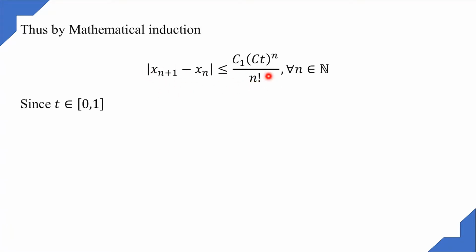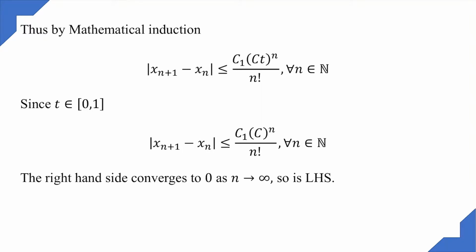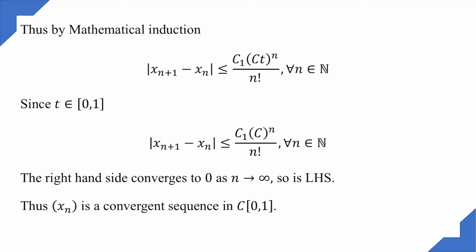So in any case, as n becomes larger and larger, absolute value of xn plus 1 of t minus xn of t will converge to 0. Okay. So the right hand side converges to 0 as n tends to infinity. So LHS also converges to 0 as n goes to infinity for every t element of closed interval 0, 1. Thus, sequence xn is a convergent sequence in C0, 1.